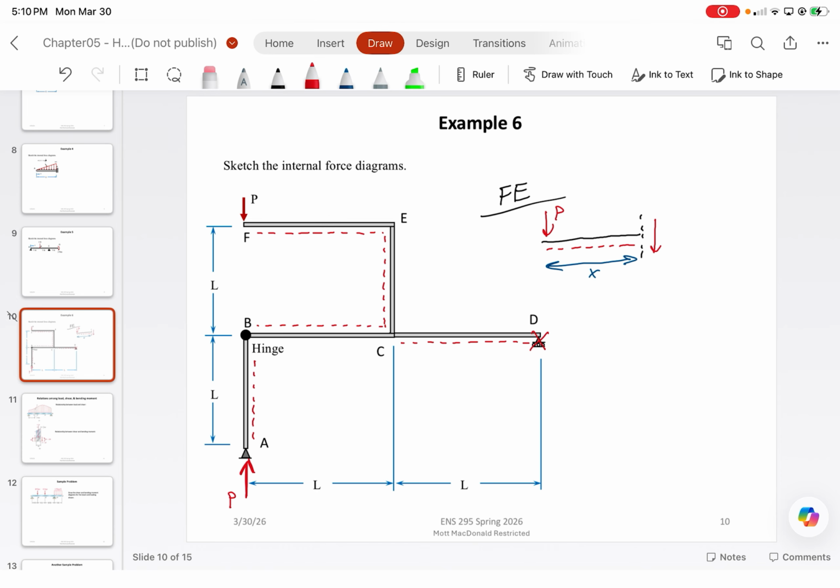So from the force equilibrium, we could do sum of the forces in X equals 0. And simply enough, we find that there's no axial force carried by member FE.